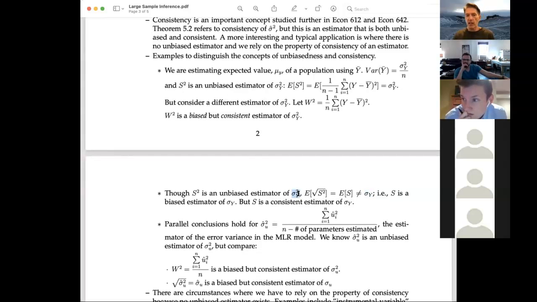So for population standard deviation and population variance, that square root relationship works, but not in terms of the estimator. The only thing I could tell you is, you take this math and you throw in a square root sign, and you can see the math is going to get a lot more complicated, and it's going to be of a nonlinear variety because of the nonlinearity of the square root.